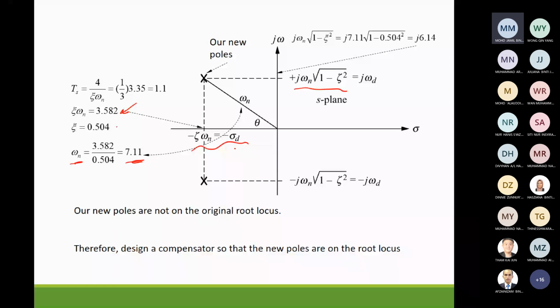To get the real part of the new pole, use this formula, and to get the imaginary part, just use this formula. So it's all about substituting the values into the formula to get the answer. You just need to know which formula to use, that's all.